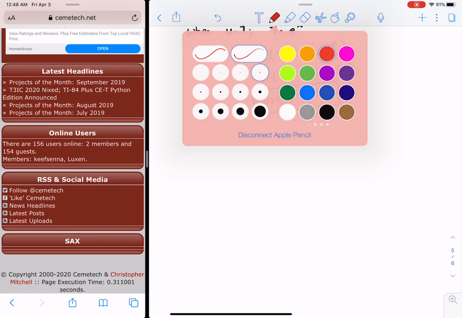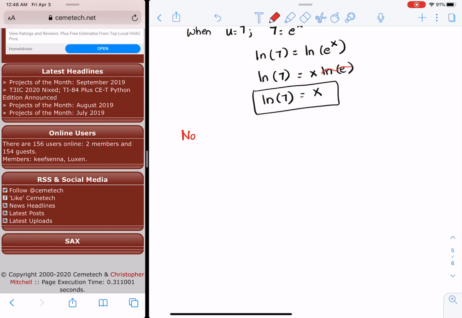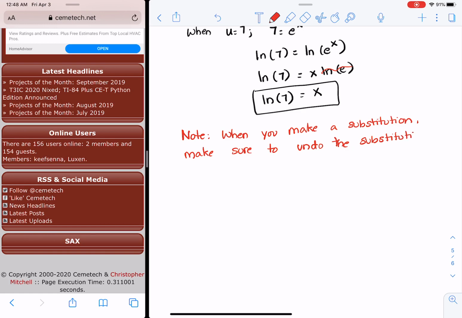So I'm going to write an important remark. Note, when you make a substitution, make sure to undo the substitution to find the solution.